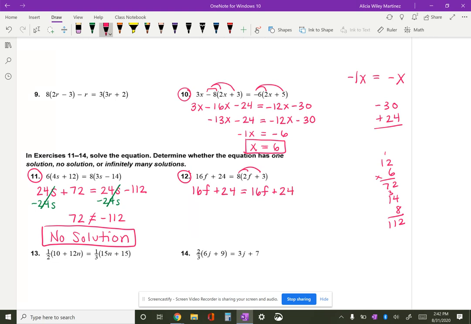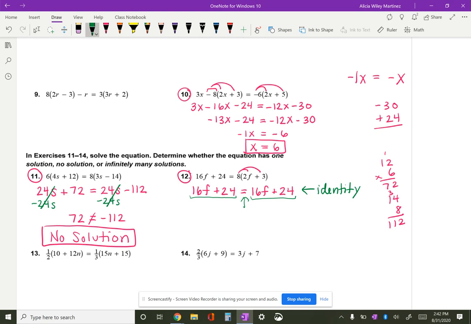Now, I can already see that I have what we call an identity. An identity means that you have something, anything, equal to itself. And I can see here that I have 16f plus 24 equal to the exact same thing.